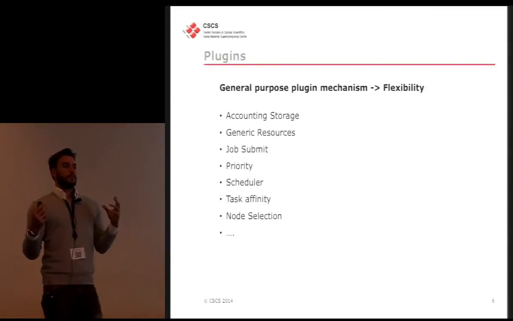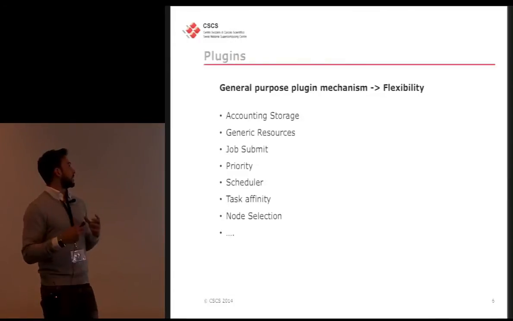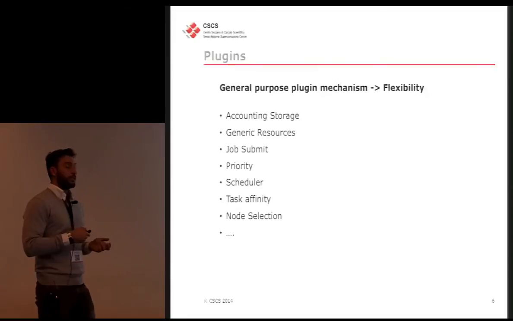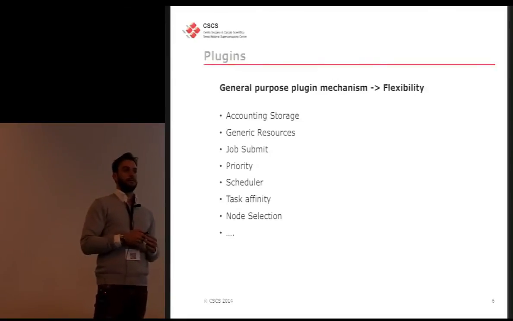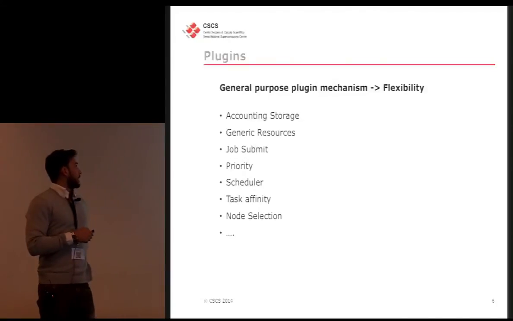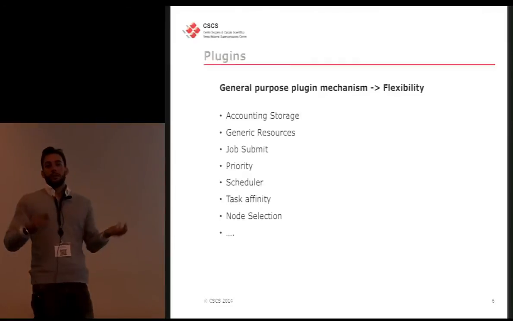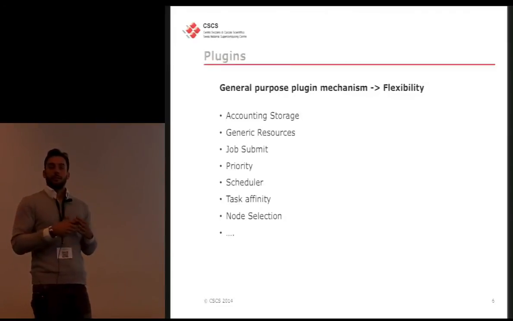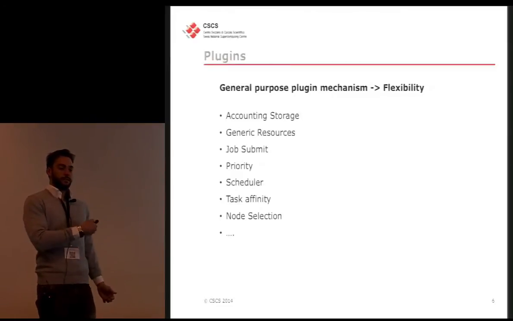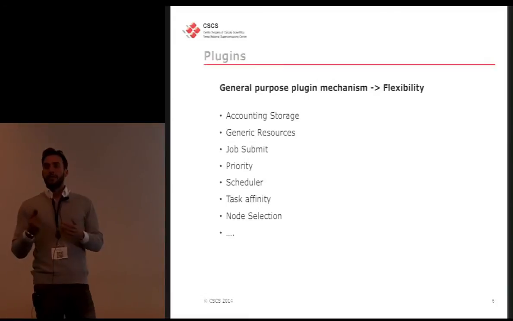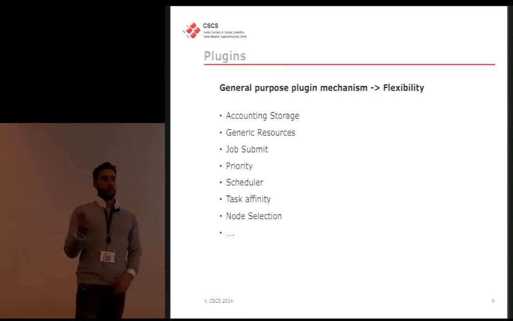SLURM is built with plugins, a lot of plugins. This makes the code more flexible. It's mainly C code. Everything is written in C. With all of these plugins, you can decide whether to use them or not. They provide interfaces for developers to modify them, changing or adding the logic that you want.